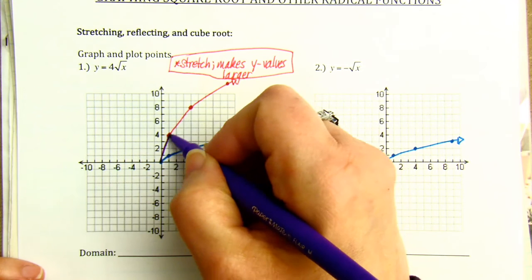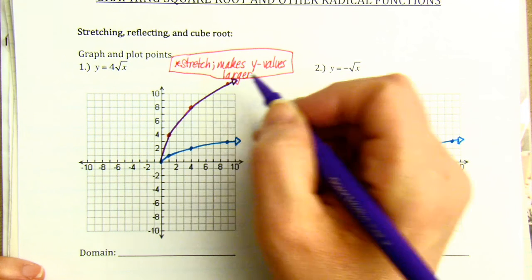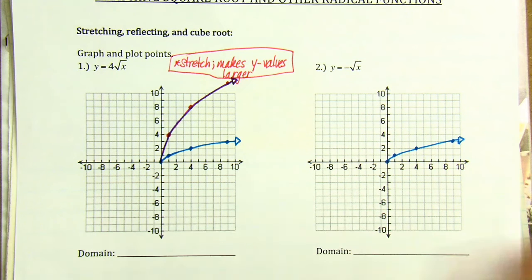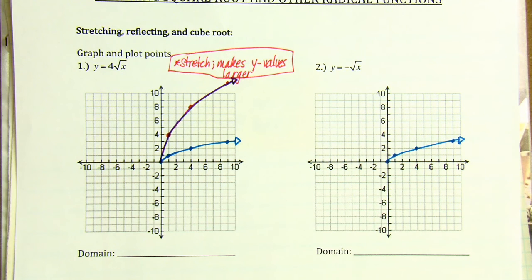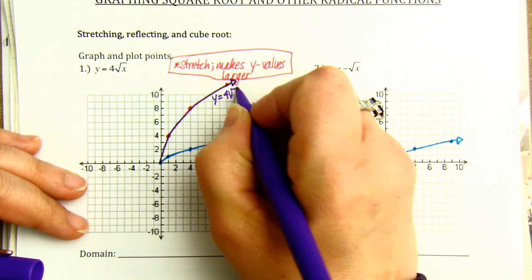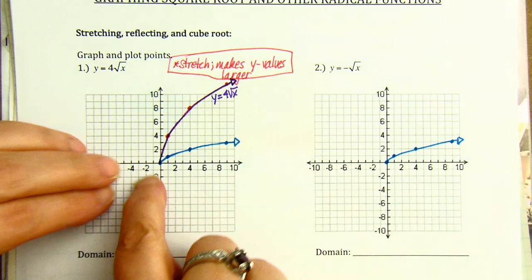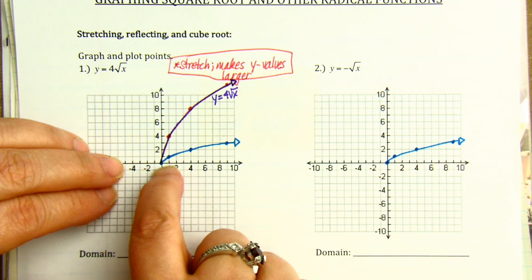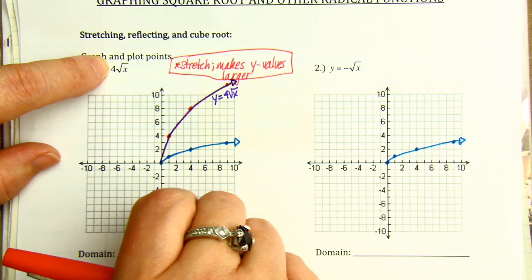Not that we can't see it, but the arrow's getting bugged up there with the word larger. Okay, so this graph is my y equals a stretch times the square root of x. So what you have to remember is the stretch. After you figure out the square root of 1 is 1, but wait a minute, multiply by 4, so you have to go up. So it's stretching this thing up.